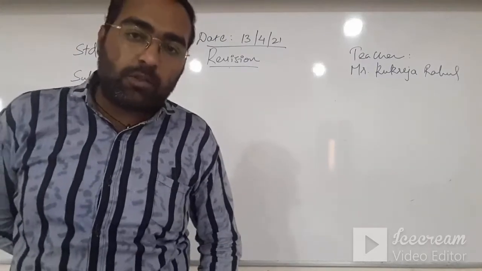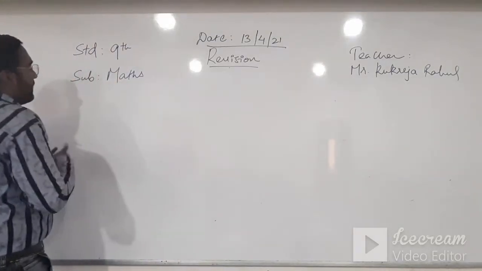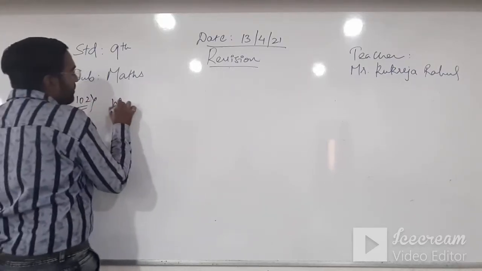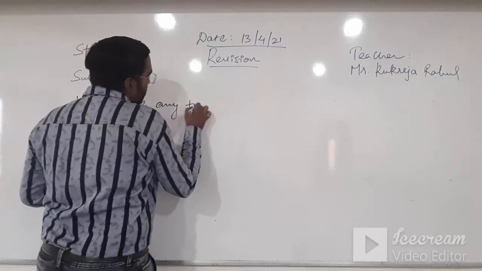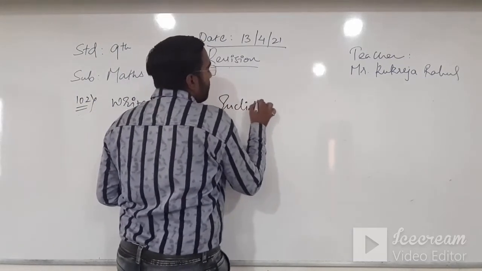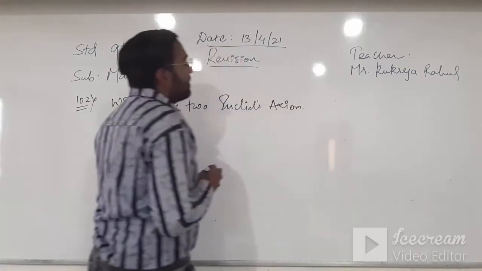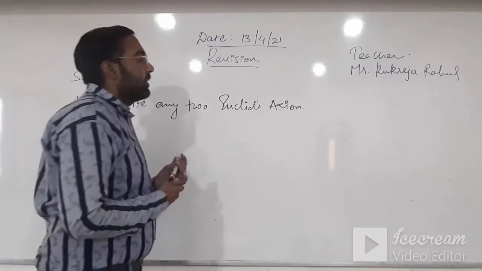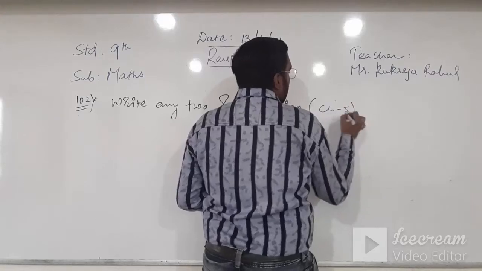Question number 106 from the assignment. Write any two Euclid's axioms. These Euclid's axioms are in chapter number 5.